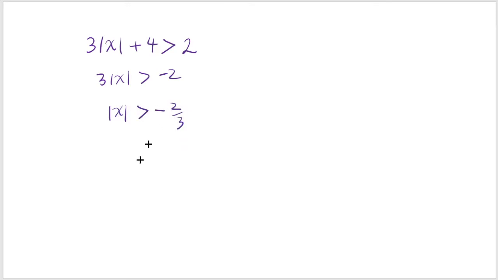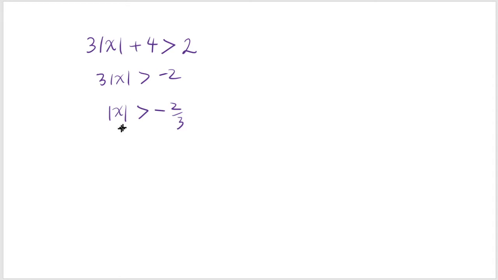Now one can think of the opposite case. Suppose you had a very similar looking thing as before, but the inequality is the opposite. In this case, we subtract 2, so it's negative 2, and then divide by 3, and it's absolute value of x greater than negative 2/3.